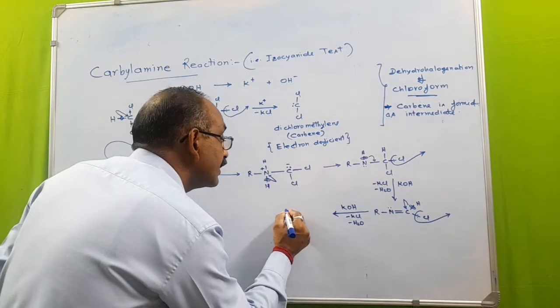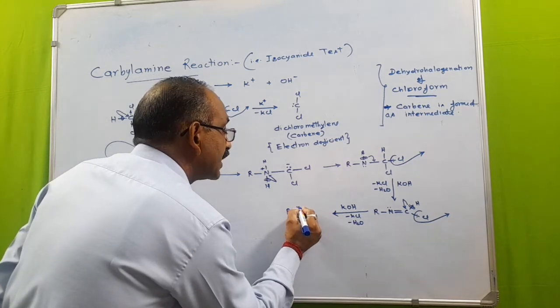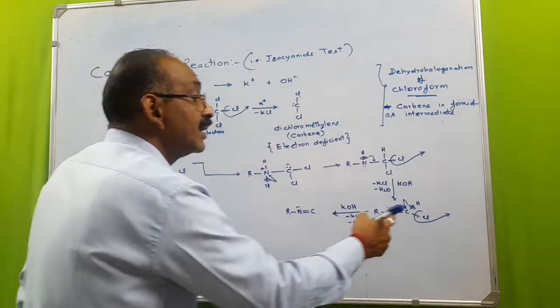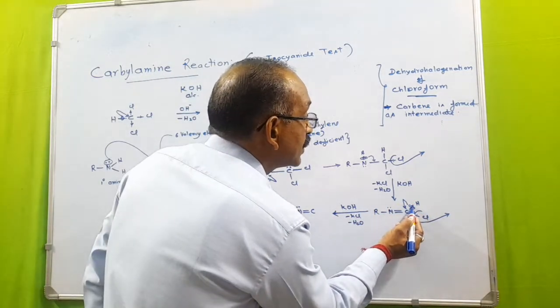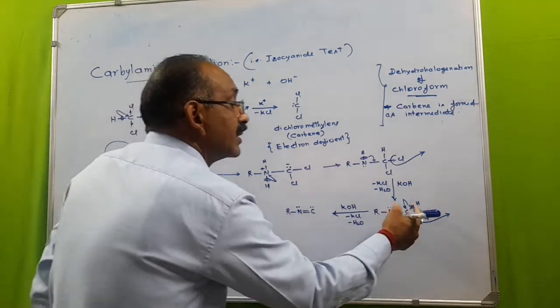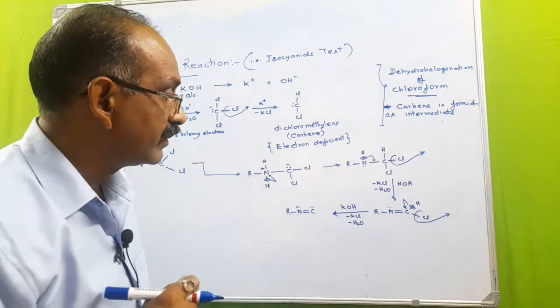Now here what will happen? Here it is RN. Nitrogen is having one lone pair. There's a double bond between the nitrogen and carbon, and the two electrons of the CH bond come over the carbon. This type of species we will get.